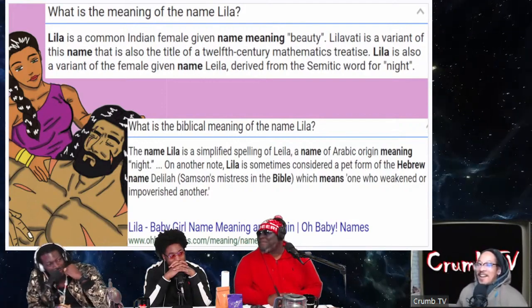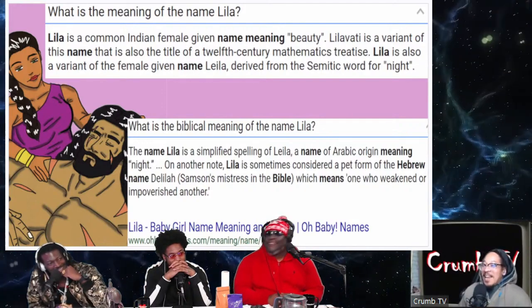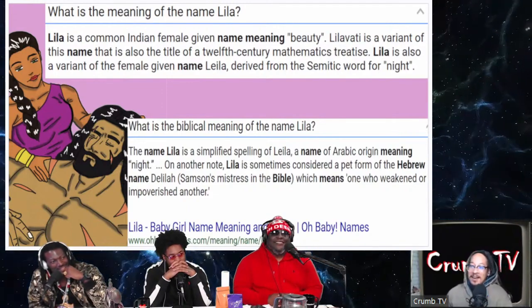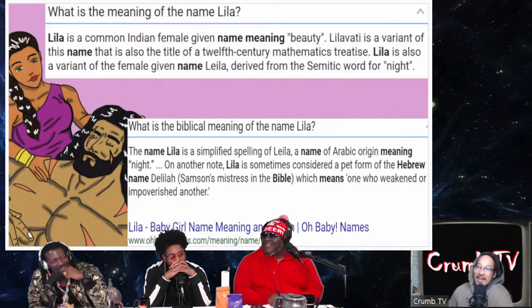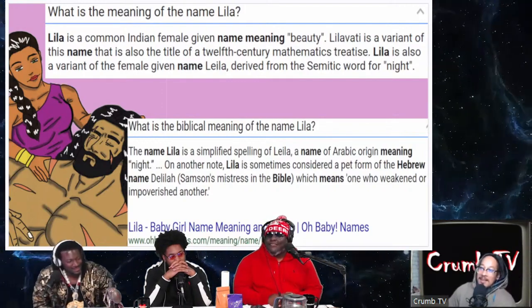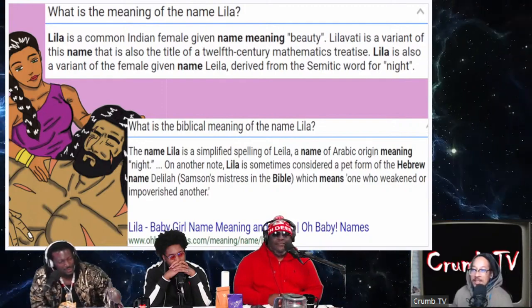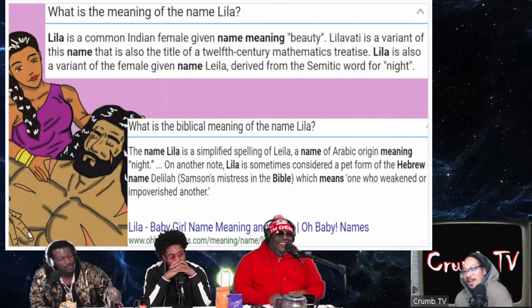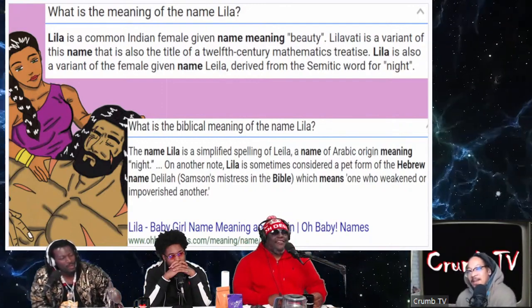You talking about Moses? Delilah. Yeah, Moses, the Ten Commandments movie. Samson. Oh no, you talking about Samson? Yeah, oh yeah, my bad. So question. What is the meaning of Sam's son? Of Lila, what's the Sam part?